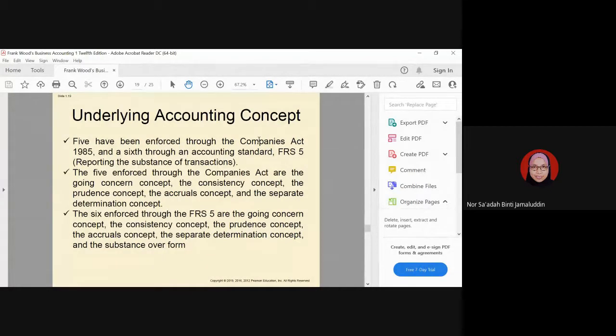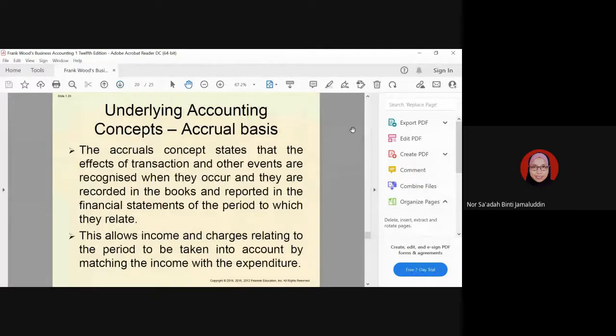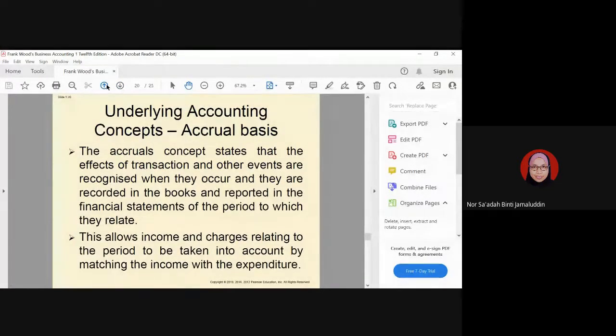So you must focus on it. Okay, takut ada soalan berkaitan dengan ni. Okay, focus. Alright, the main accounting concepts that are very important are 2, which are the accrual basis and the going concern concept.